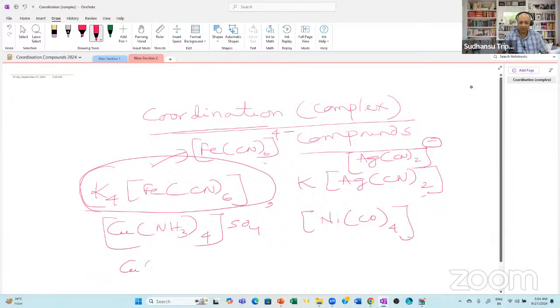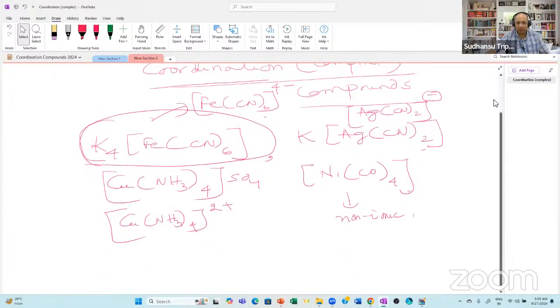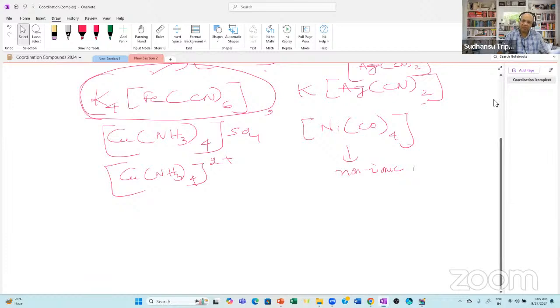But here, the complex ion is a cation. And there is no ion here. This is non-ionic, neutral. So in a coordination compound, you have a complex ion or a neutral complex molecule.